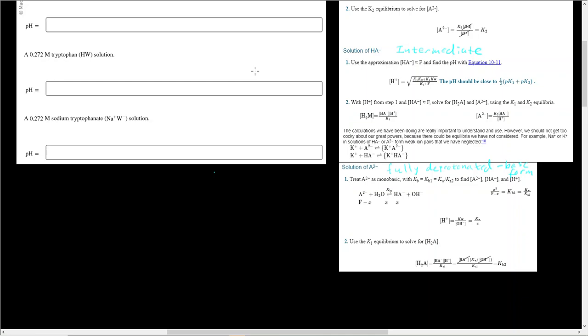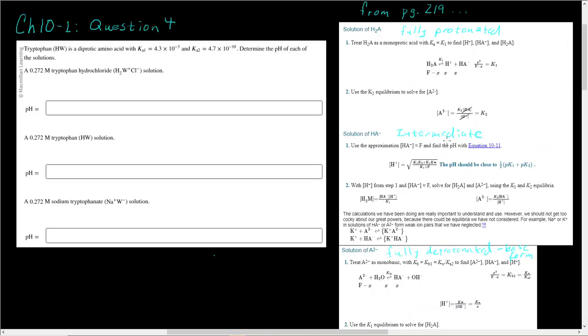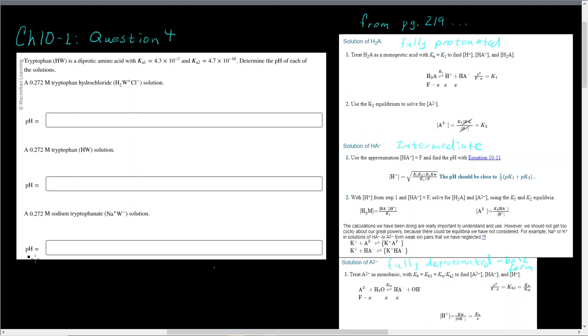So in this problem, we're just asked for pHs, so we can stop once we've found the H plus ion concentration in each of these cases. And remember, once we know the H plus ion, we can use the fact that pH is equal to the negative log of the H plus ion concentration, the H plus ion molarity.